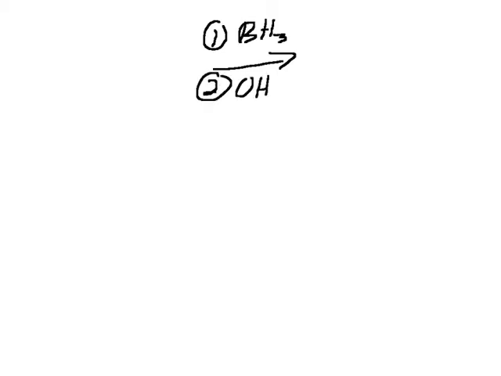Let's work backwards for one. BH3. Then part 2 is OH minus, H2O2. And the product is going to be OH.